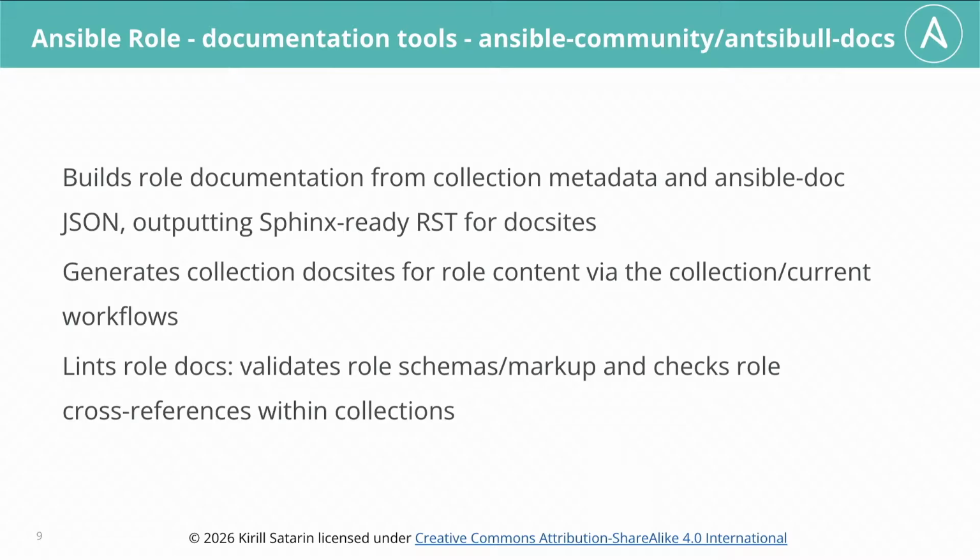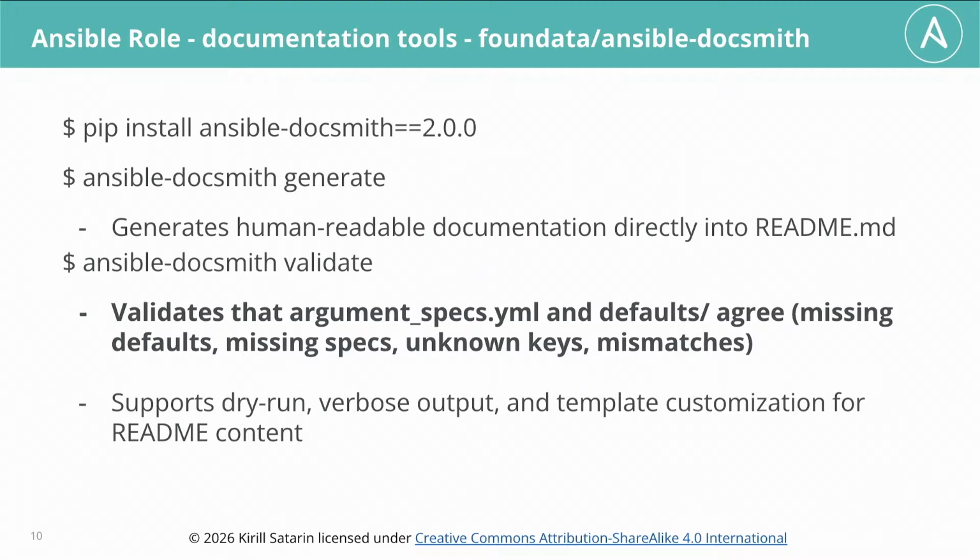So this is ansible-docs, which is a community tool to build collection docs and later the collection website. Yeah, and it generates RST and later things. This is the kind of workflow. And docsmith. So docsmith is a tool only for roles. So this is clearly missing functionality.